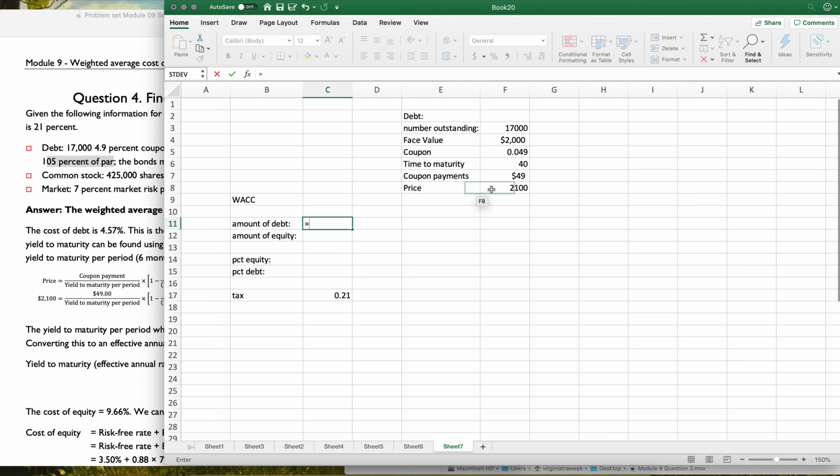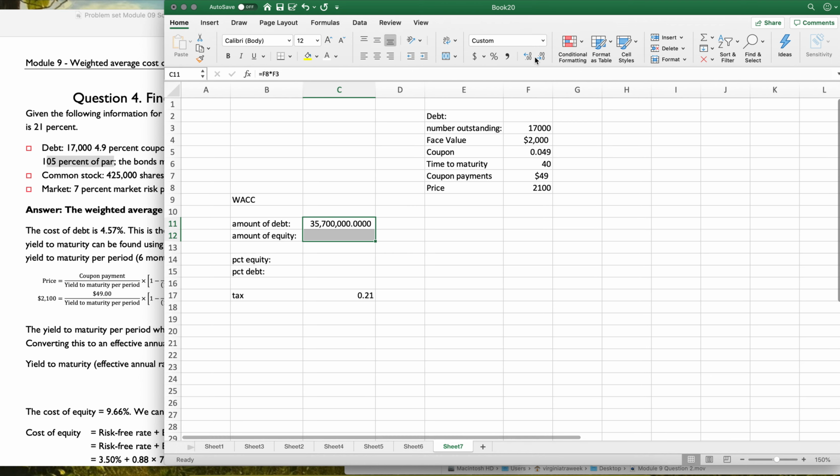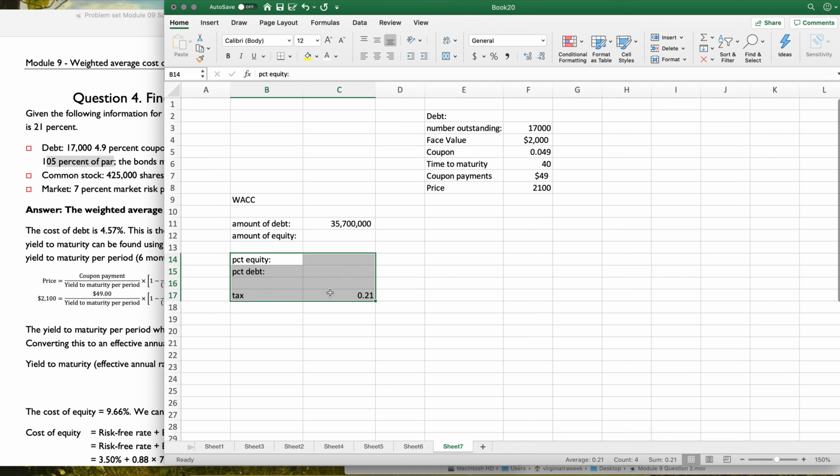Therefore, the amount of debt outstanding is going to be the price times the number outstanding. All right, so the last thing that we need is, oh, I'm missing a few things, my bad.